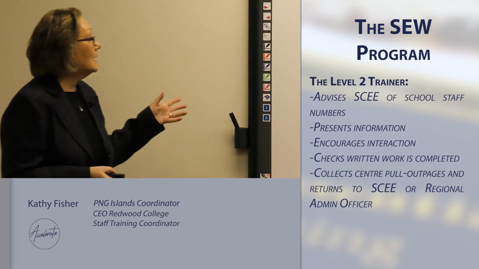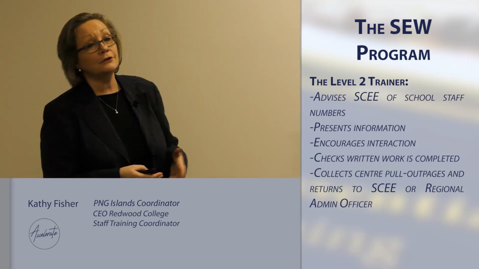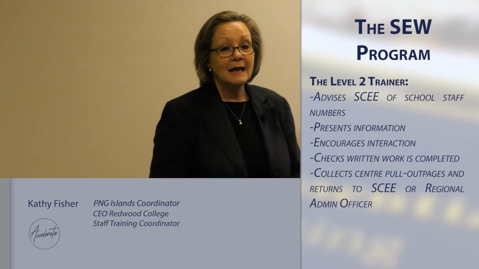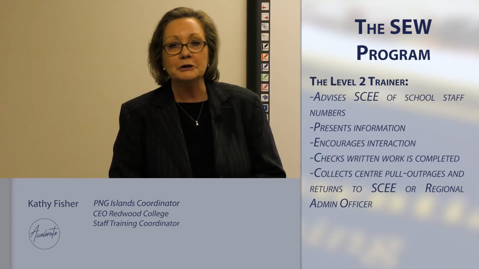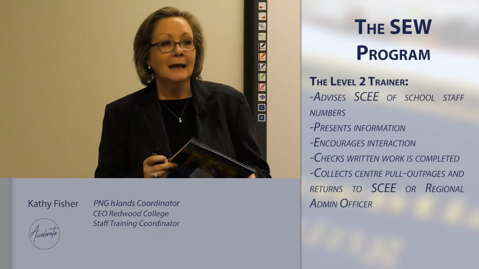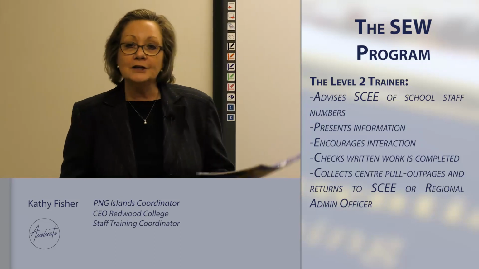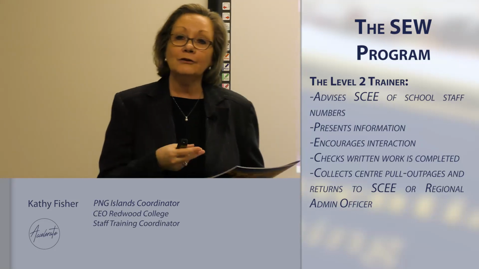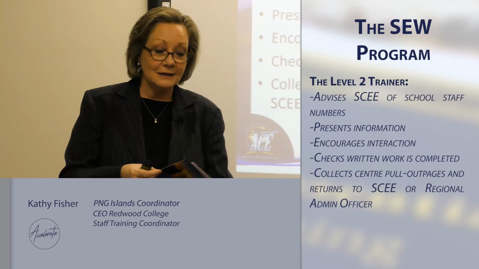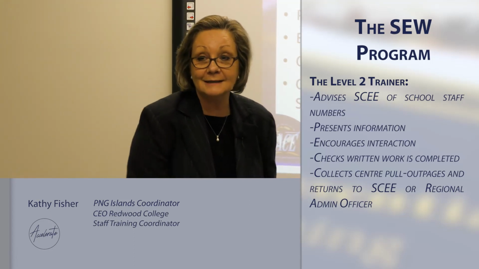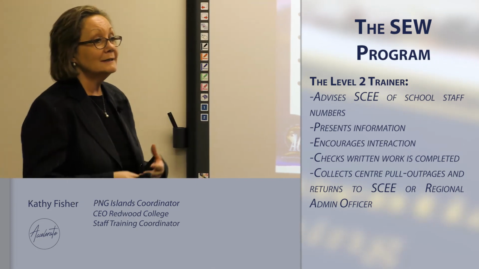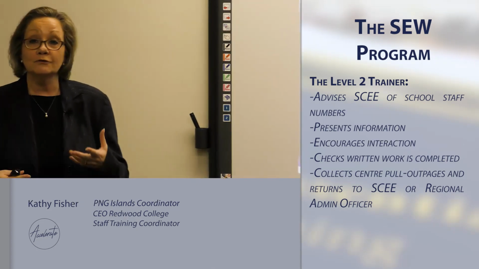The Level 2 trainer has responsibility to check that the written work is completed. Now, this doesn't mean that every week you have to look at the book and ask, did you write something? It means that when they've finished the book, you just check through and say, okay, this week we're doing our pull-out section because everything is complete. The idea is that we're encouraging people to write.